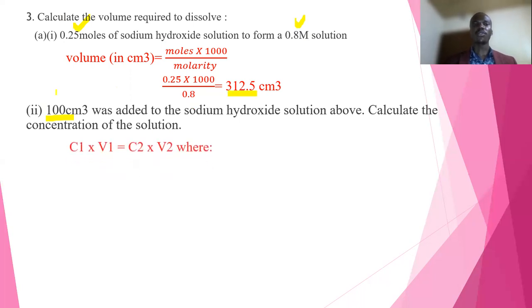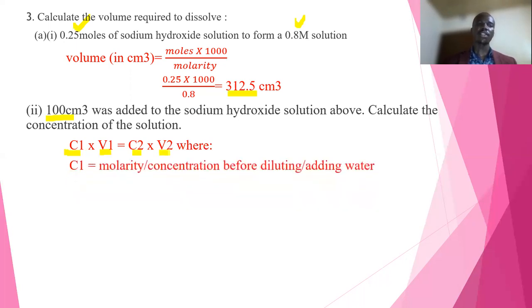For that one, you will use this formula, that is the concentration of the first solution times the first volume equals the second concentration times the second volume, where C1 is the molarity or concentration before adding this water.